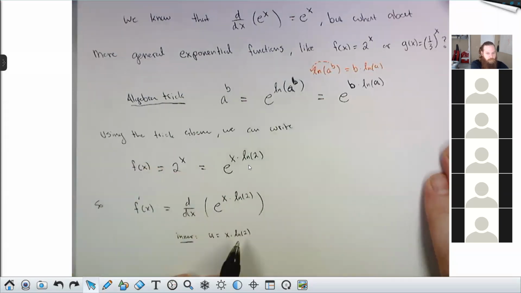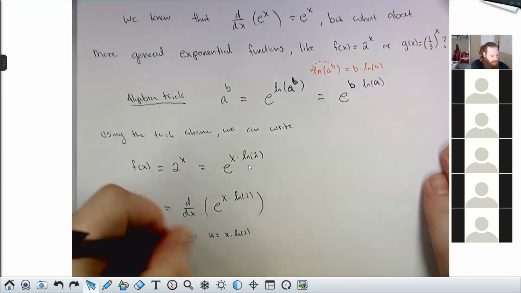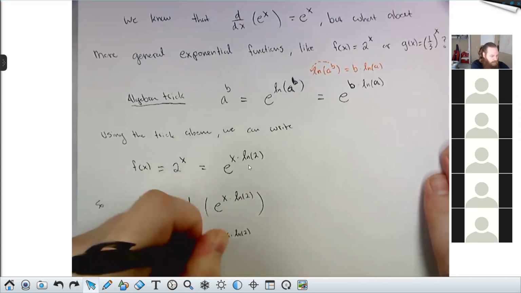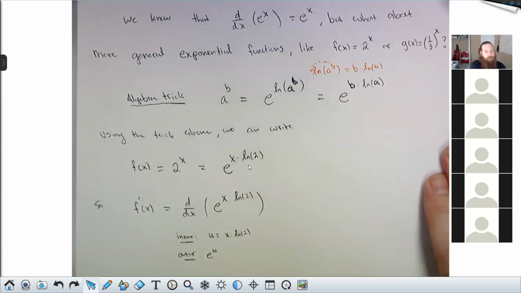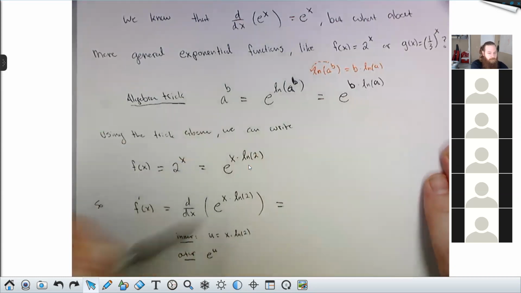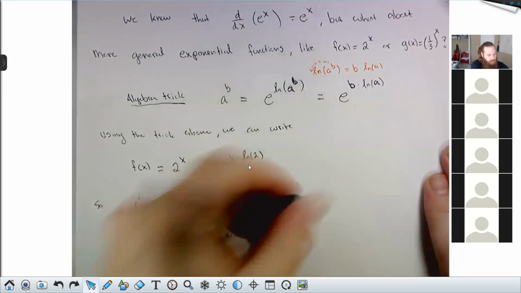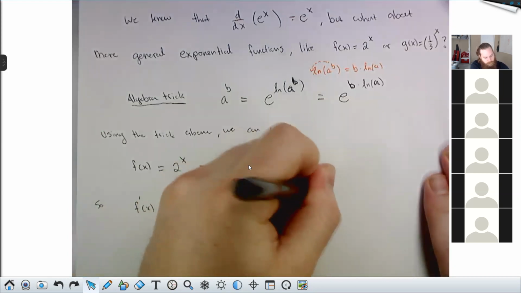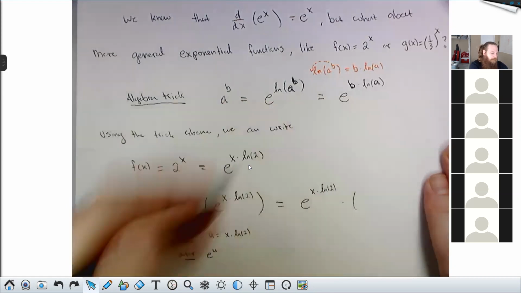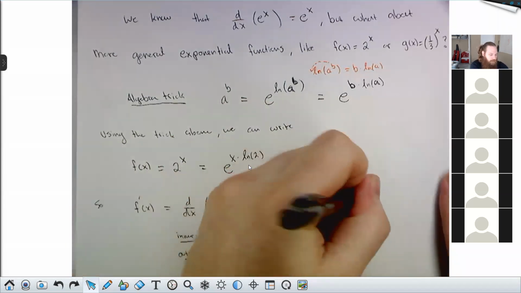It's worth noting that ln2 is a constant, right? It's just a number. It's like 0.6. And my outer is e to the u. So when I differentiate this, I'm going to differentiate the outer, leaving the inner alone. And then I'm going to multiply by the derivative of the inner.